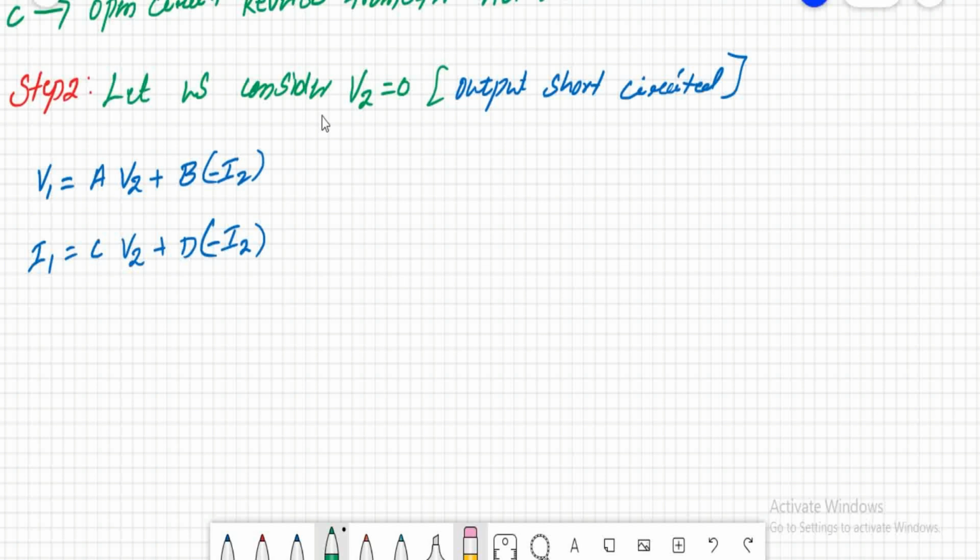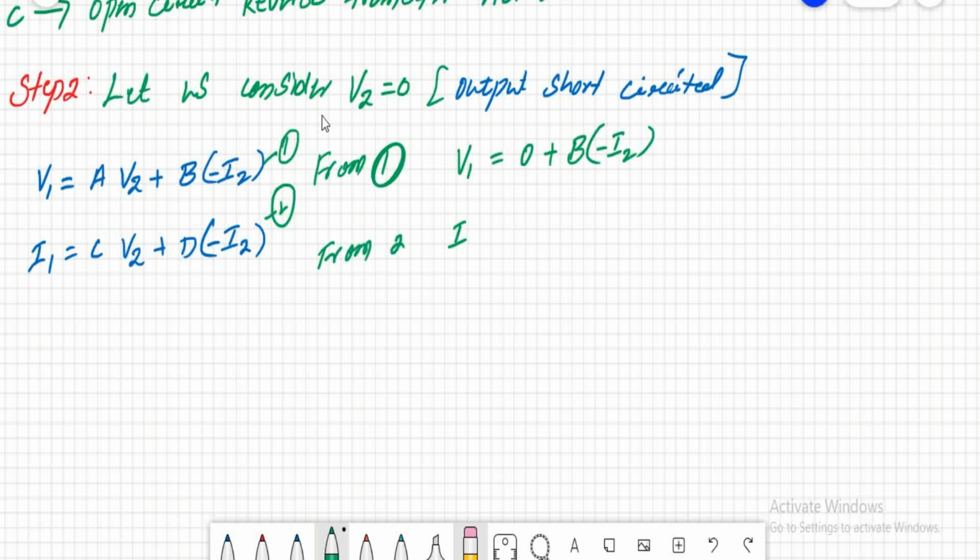So this is equation number 1, this is equation number 2. From equation number 1, if I substitute V2 equal to 0, we get V1 is equal to 0 plus B into minus I2, and from equation 2, I1 is equal to 0 plus D into minus I2.